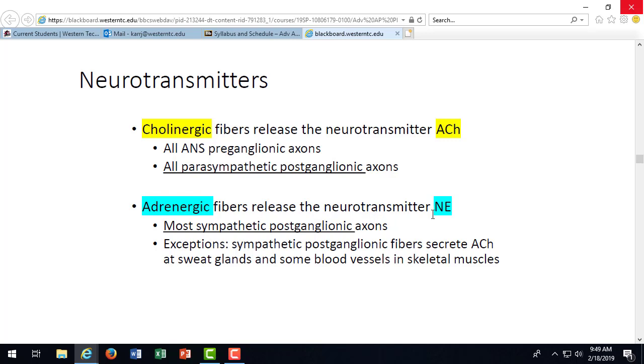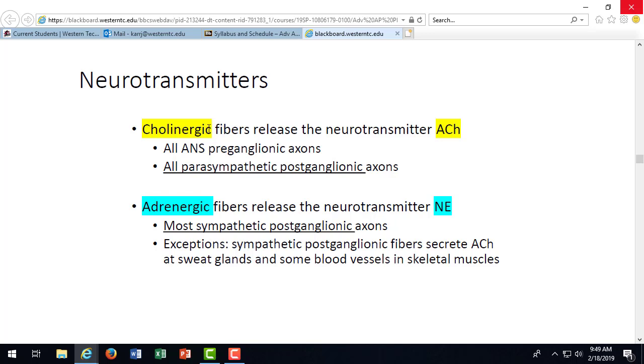So when you think of the rest and digest neurotransmitter, it's acetylcholine. The stress neurotransmitter is norepinephrine. Another name for norepinephrine is adrenaline, right? So that's why we call the neurons that release norepinephrine adrenergic, which stands for adrenaline-releasing neurons.